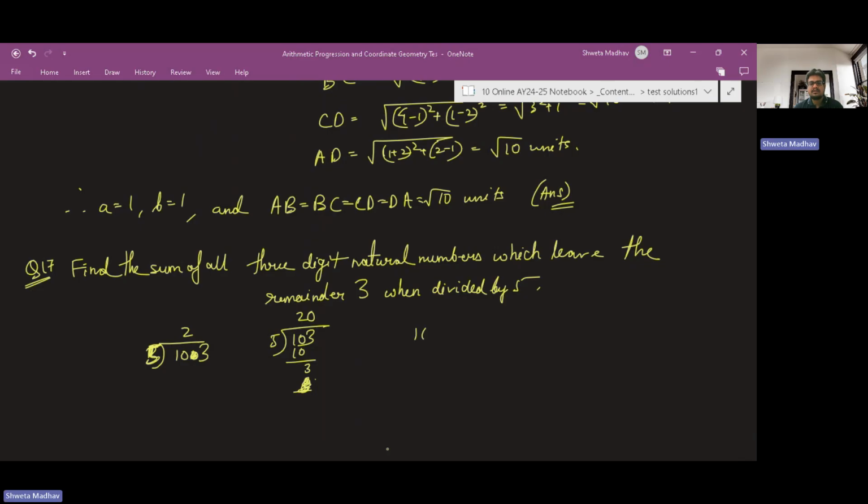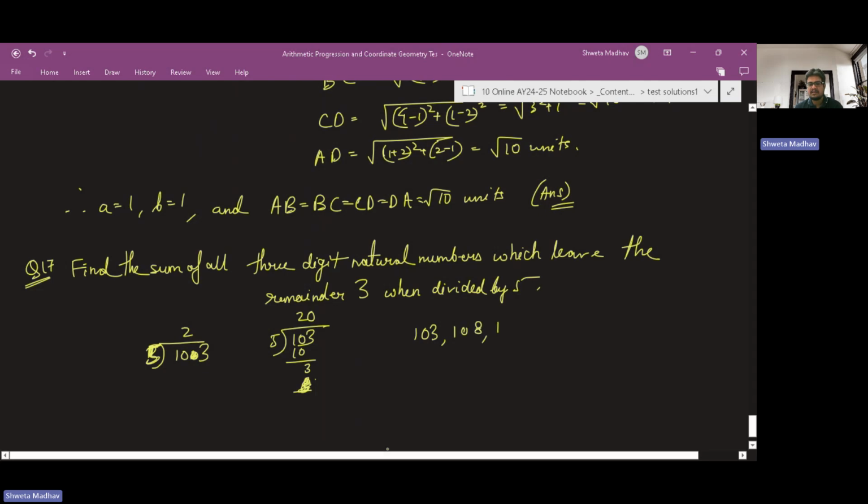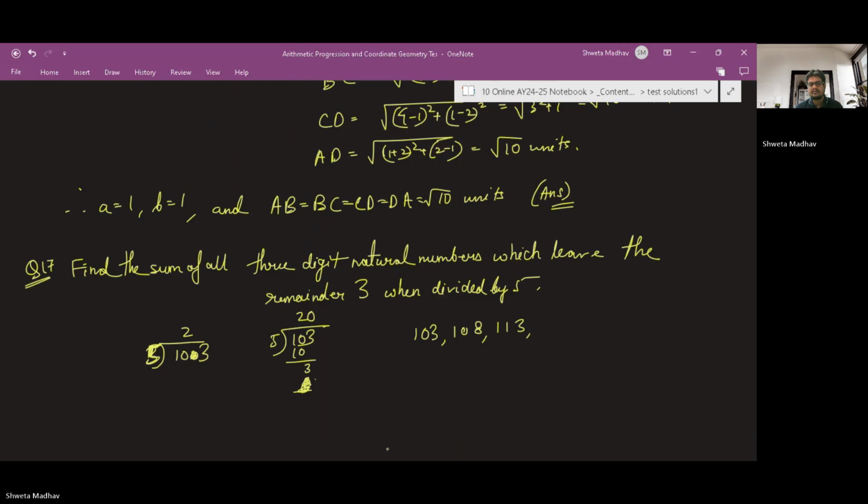So the first term is 103, then the next term will obviously be 108, plus 5, then 113, and so on.